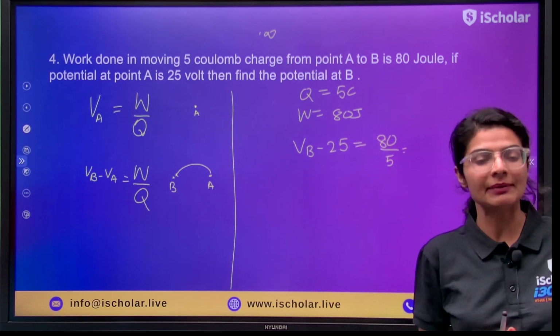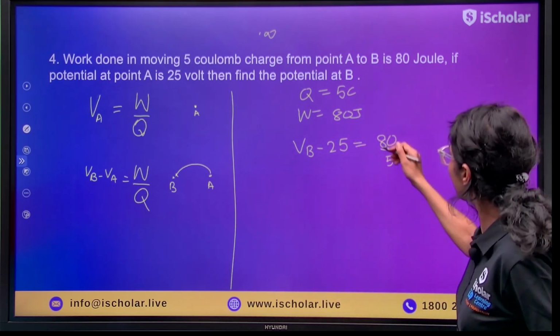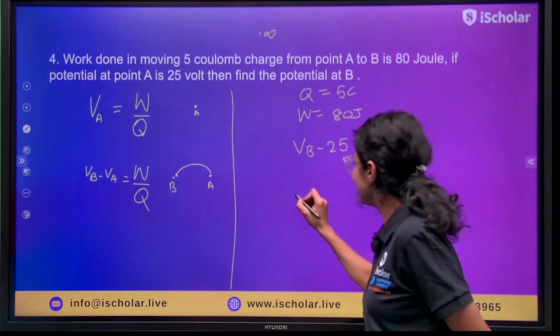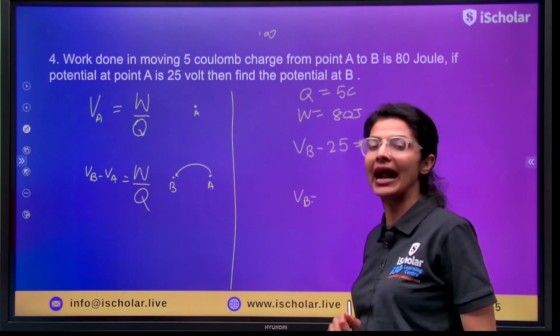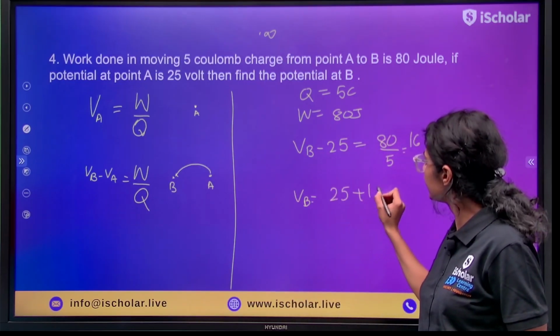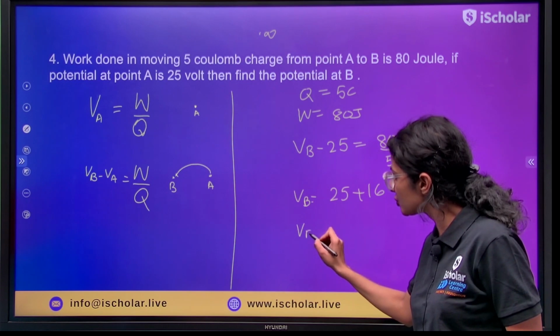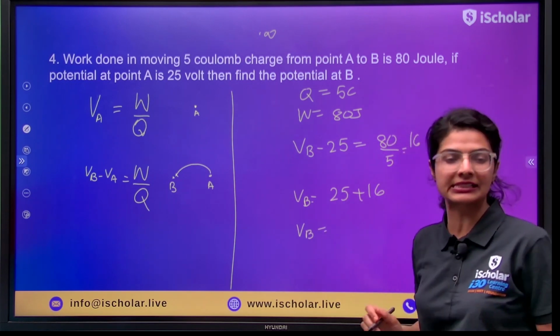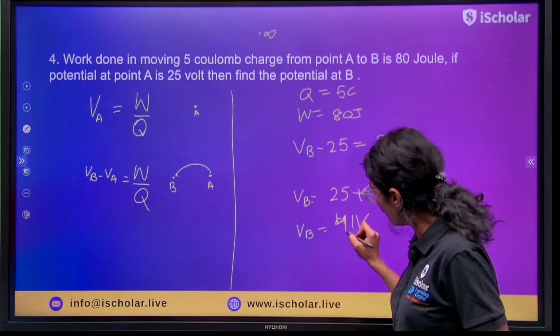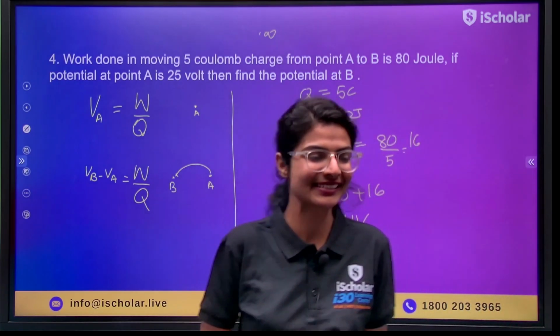Now what is 80 by 5, students? I hope everyone knows this. This is 16. So VB, the potential at the point B, is 25 plus 16, that is 41 volt. Am I clear with this?